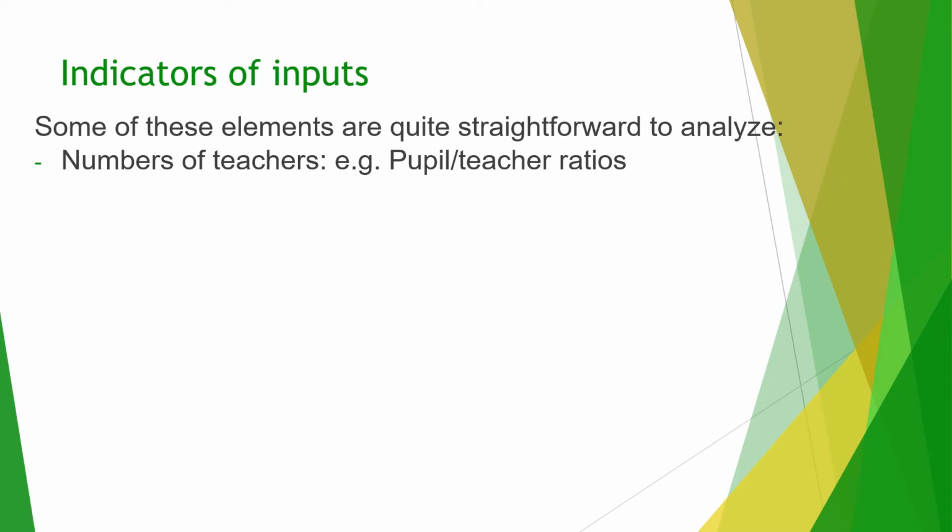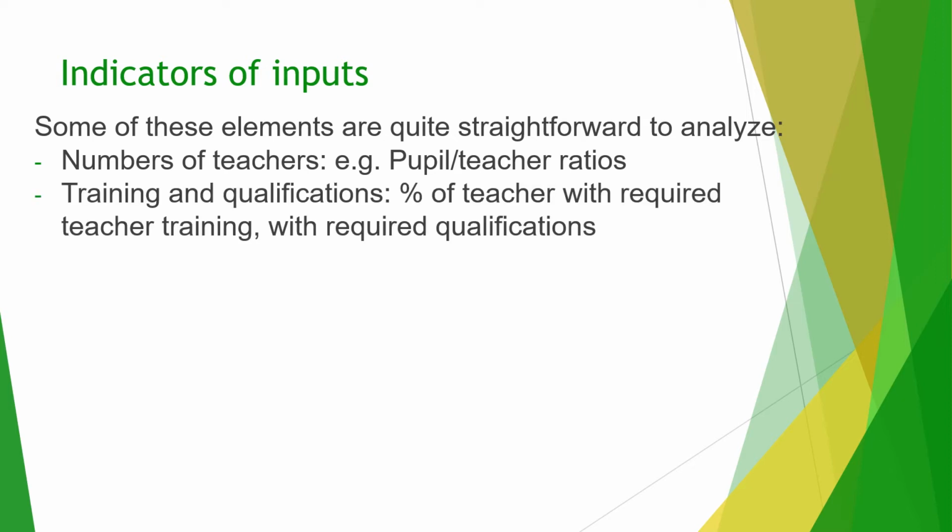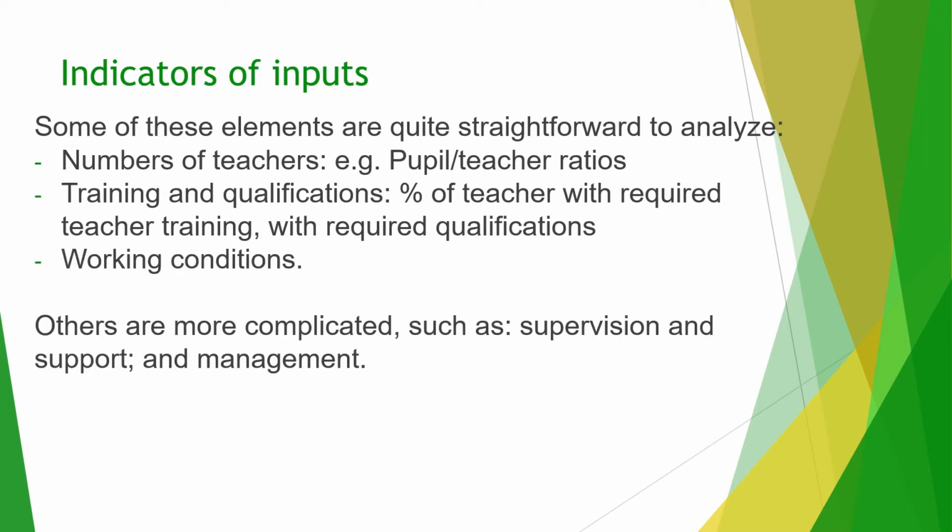And indeed, one indicator that tends to be very popular is what is called the pupil-teacher ratio. The training and the qualifications of teachers, where we could imagine the percentage of teachers with required teacher training, with required qualifications. Their working conditions can be examined. Other areas, supervision, support, management, are a bit more complicated.